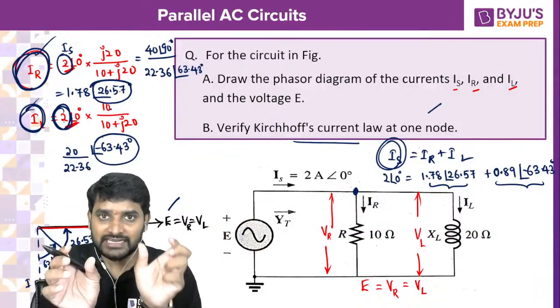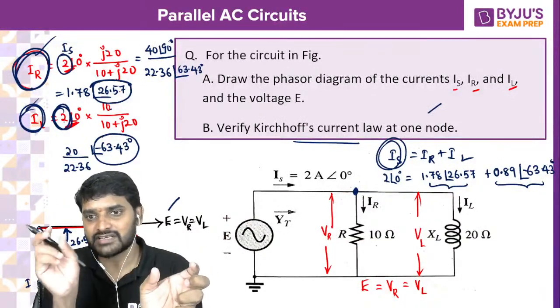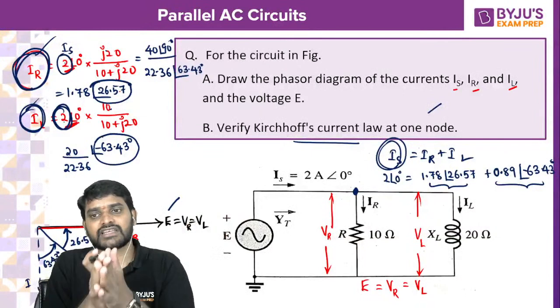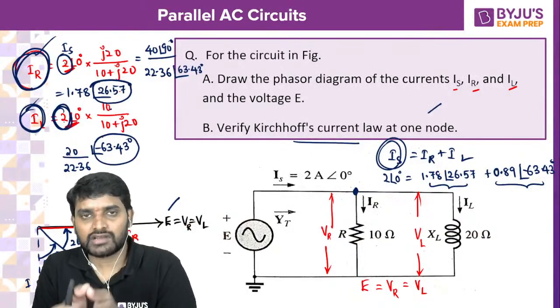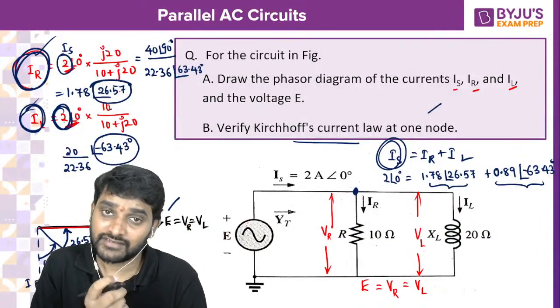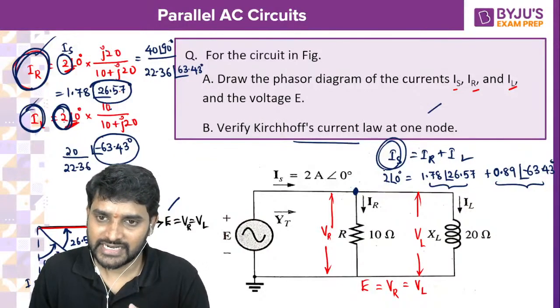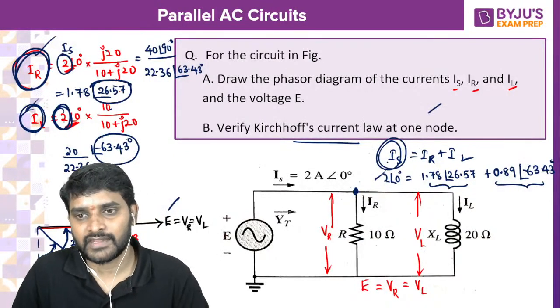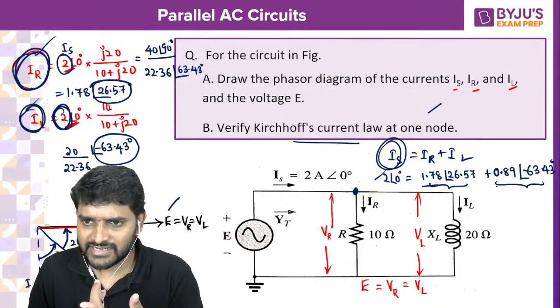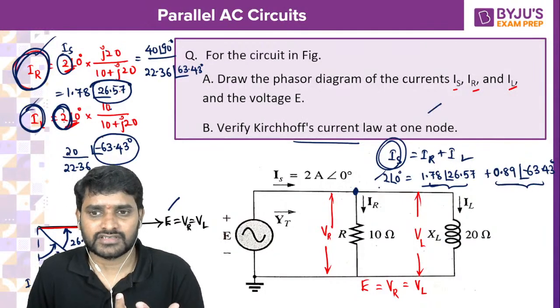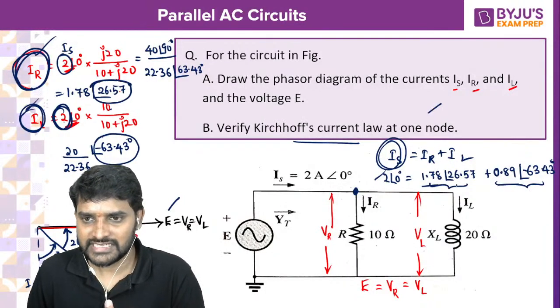If you calculate, you will get a real term and imaginary term for each. End of the day, solve it and convert again into polar form. Magnitude wise, you see 1.78 and 0.89, it will be very near to 2. So here it is 26.57 and minus 63.43.